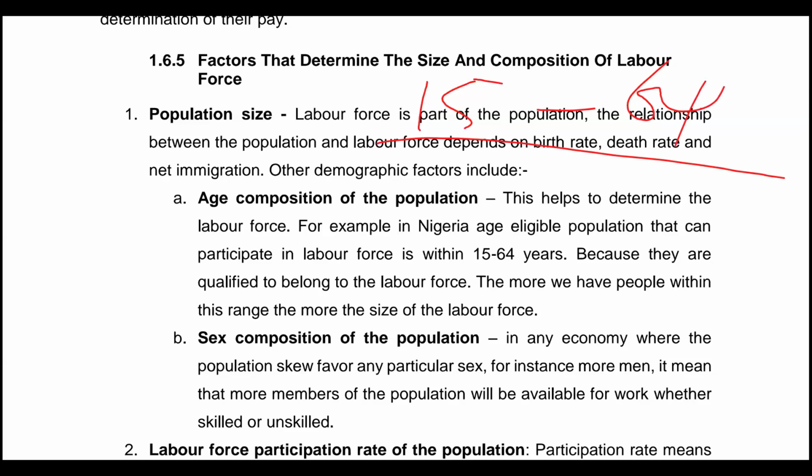So that is why we say age is a determinant. The sex composition of the population is also one of the determinants. In an economy where the population tilts in favor of a particular sex, for example men being favored more than females, then we have a problem. You will see that there are some economies that favor a certain sex.